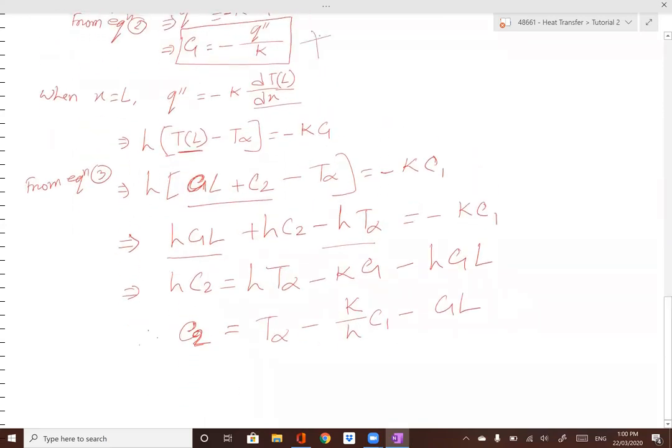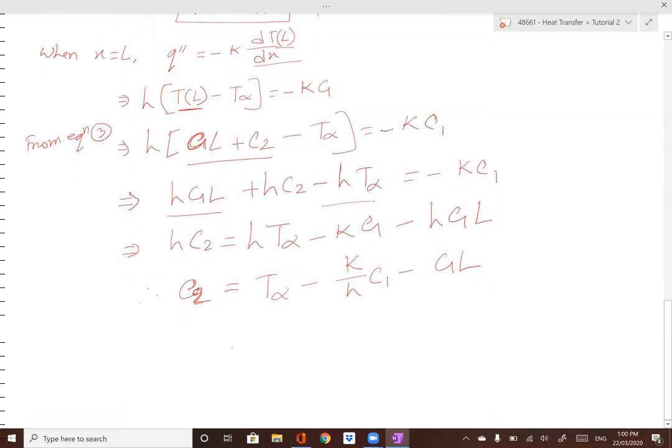Now we'll use the C1 value, which is negative heat flux divided by heat conductivity. So T alpha minus k over h times negative heat flux divided by k.